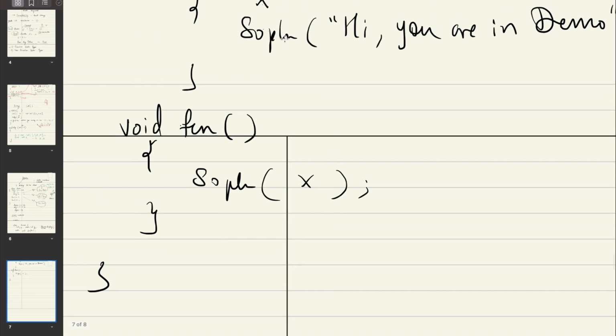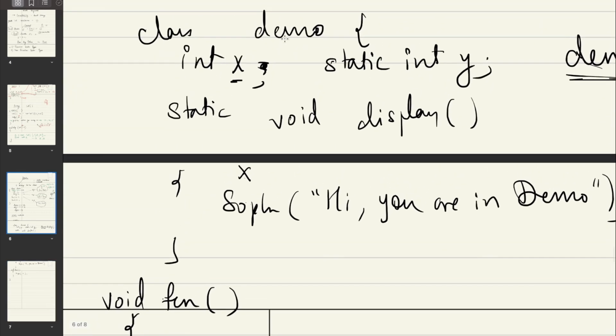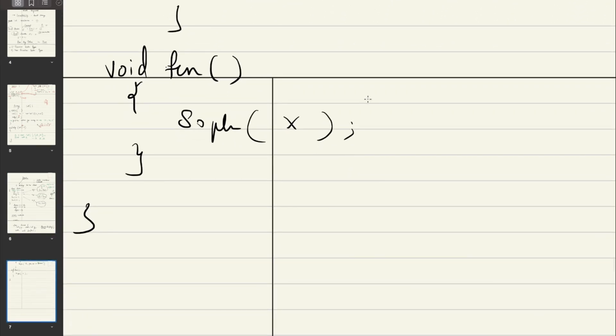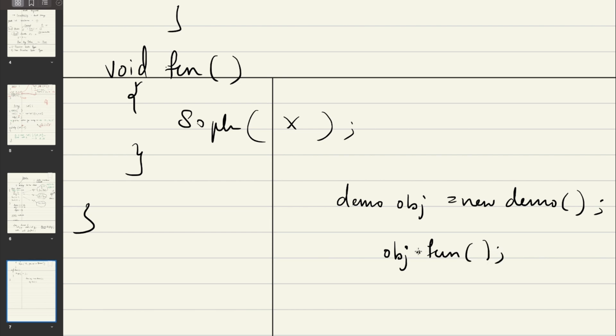Now we've seen that x is a non-static member. So let's create an object of this class: Demo obj equal to new Demo. We have created an object whose name is obj. Now when you say obj.fun, we will be able to access this x, you'll not get any issues. Why does it happen? Why is it allowing access to this?